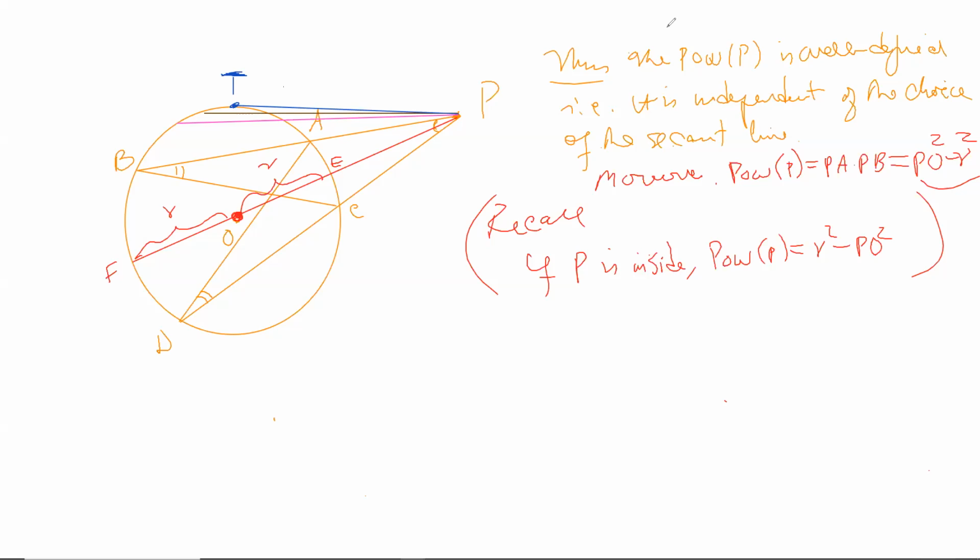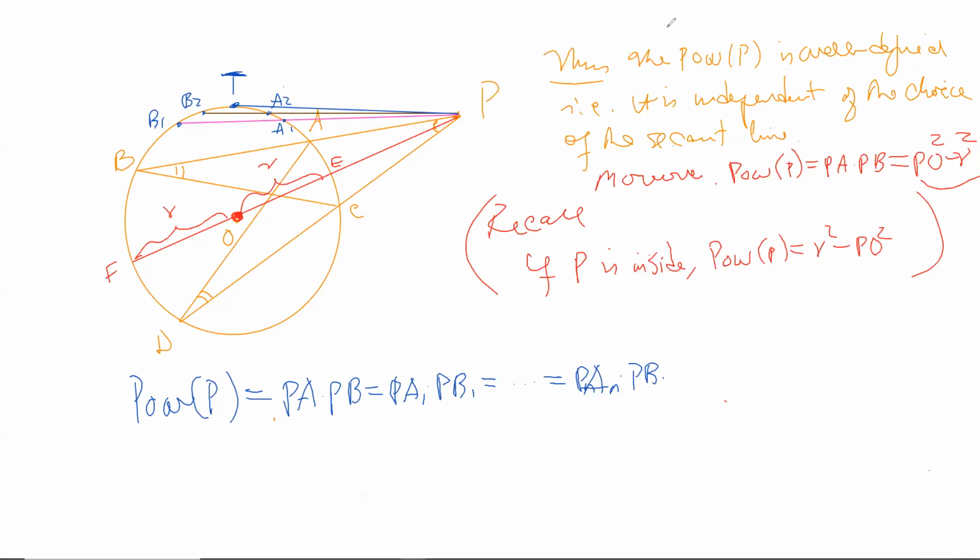Okay. So if you just keep making this B1, A1, this B2, A2, you can see that the power of the point P is equal to PA times PB equal to PA1 times PB1 is equal to PAn times PBn, right?